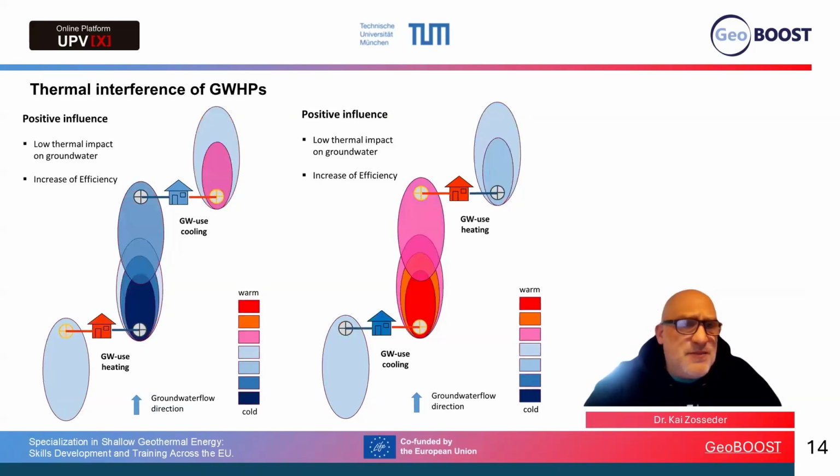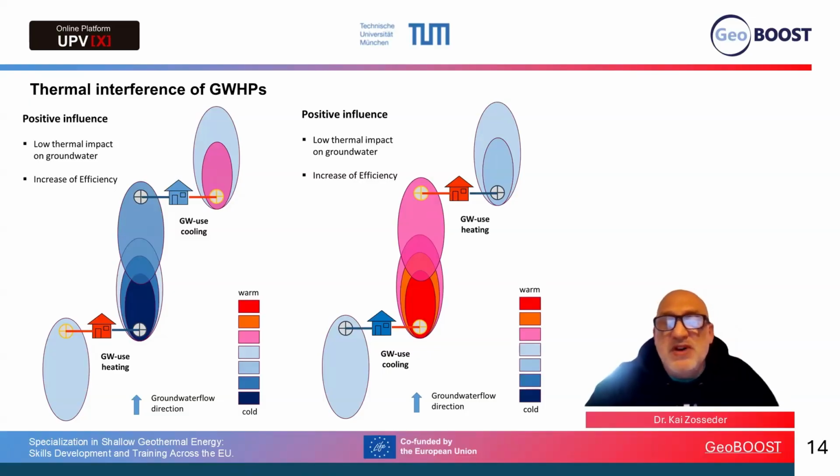But on the other side, thermal interference of groundwater heat pumps can also have a positive effect. So if you have the possibility to install systems which actually use synergies. So if you have a groundwater use for heating upstream and then inject back cooler water, and then you have a downstream unit which uses the groundwater for cooling, then of course it gets cooler water as a source temperature, and this is very favorable for the cooling system.